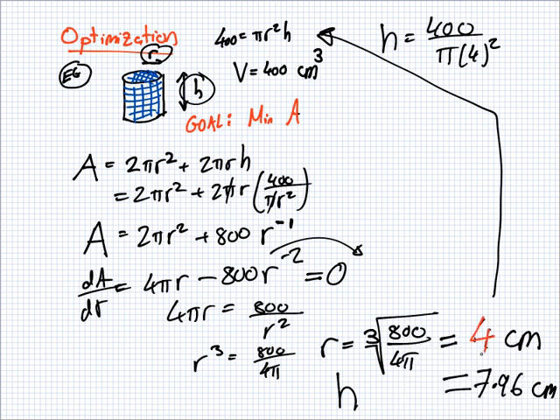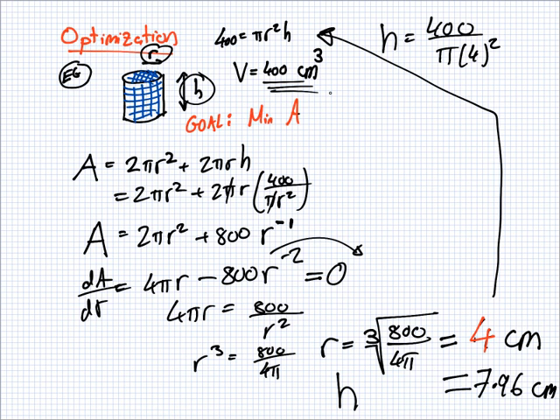So what you've just discovered is this is the best cylinder to make, because anything different than this will be more expensive than it needs to be. This is the optimum shape. This is the best cylinder that will hold 400 cubic centimeters. Uses the least amount of material.